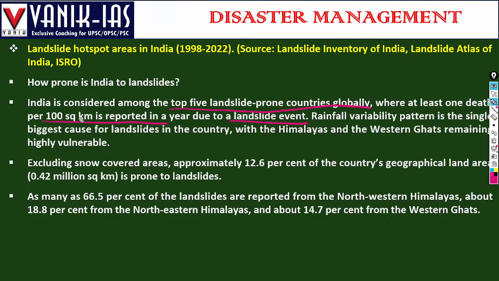Rainfall variability pattern is the single biggest cause of landslides in the country, with the Himalayas and the Western Ghats remaining highly vulnerable. These are the areas which are more prone to landslides. Excluding snow-covered areas, approximately 12.6% of the country's geographical land area is prone to landslides.